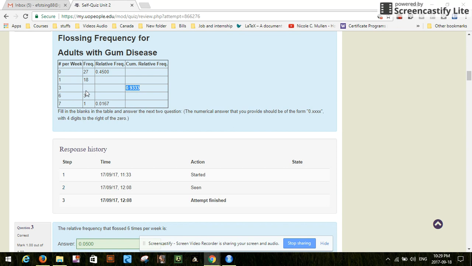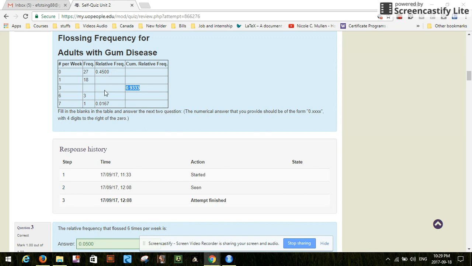We want to know the relative frequency of those who floss at least once per week. Because we don't know these values, the best way to find that is this: we know the sum of all of this is 1, and we know that 45%, or 0.45, because remember, it's almost like a probability, do not floss before the diagnosis.